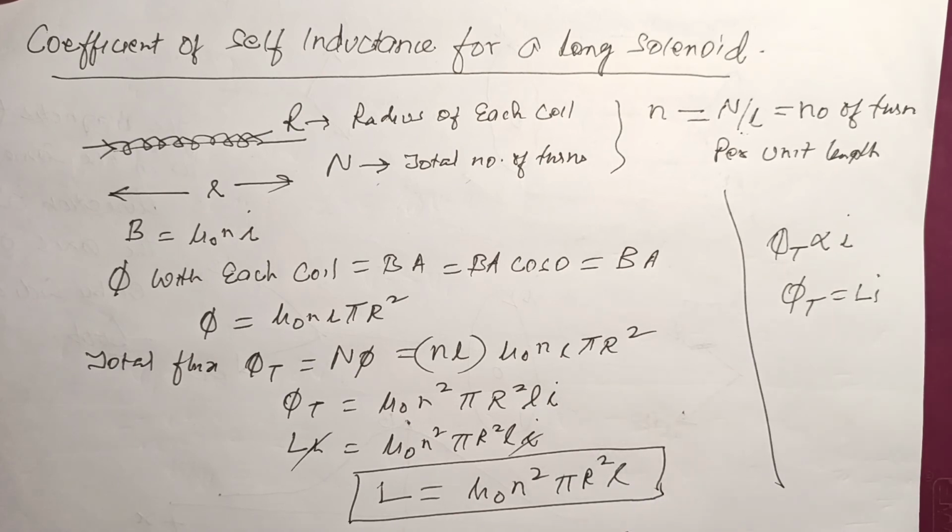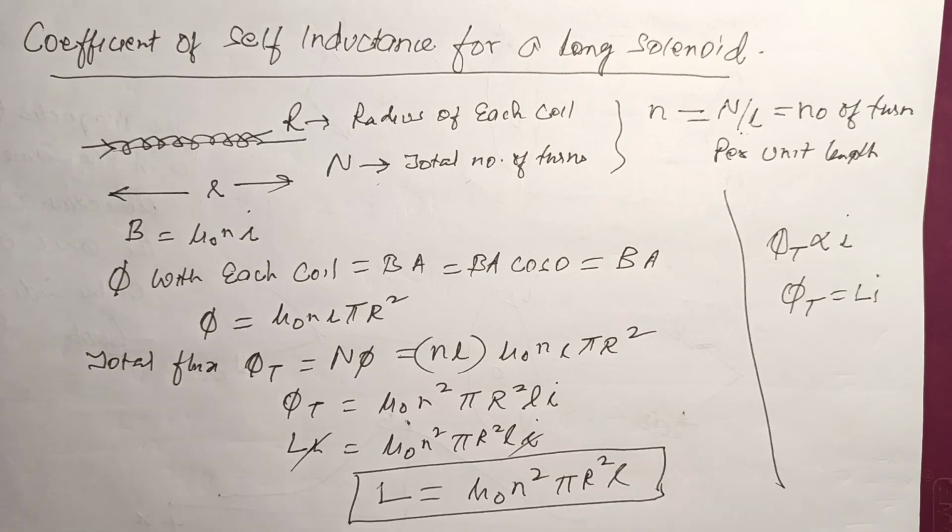And this is the derivation. So yeah, this is a very important result and you guys need to remember it, because at times they give a numerical based on this in the main or board exam. Thank you.